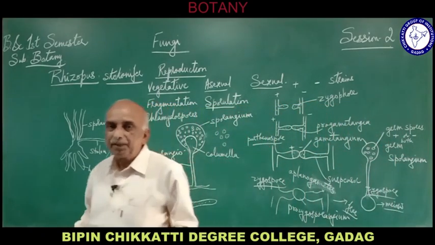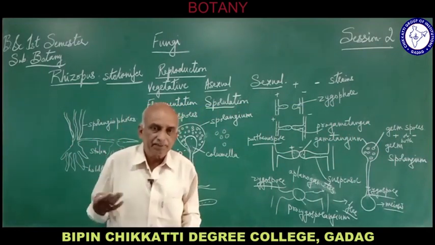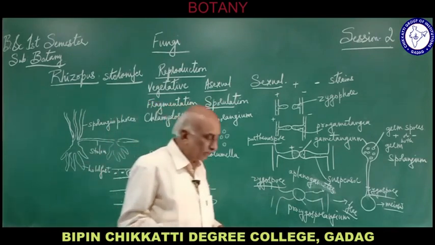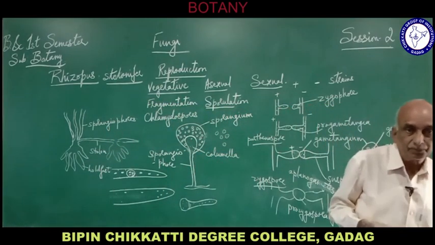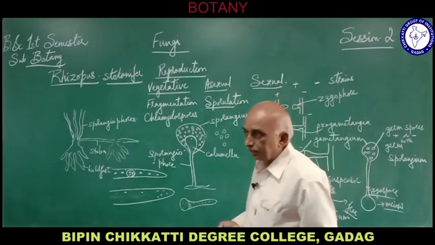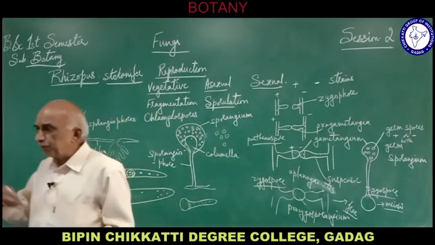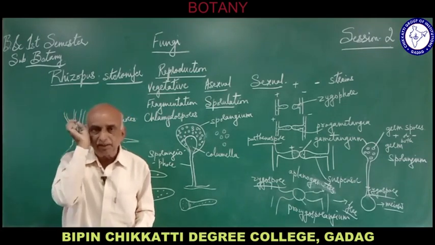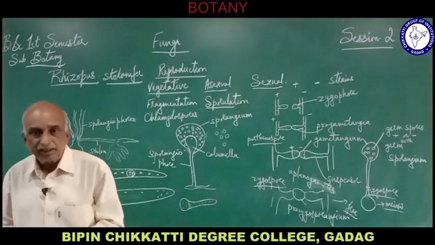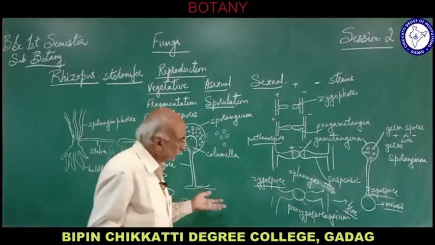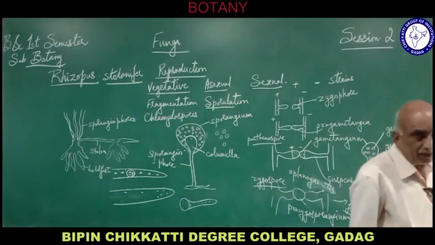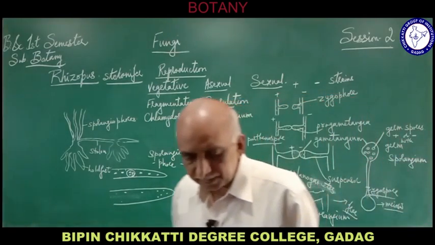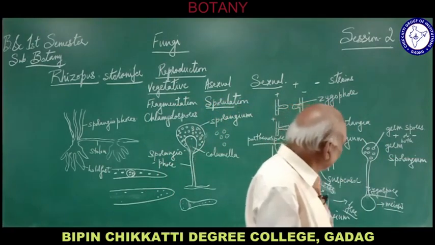So whenever we keep a food, a fruit or vegetable, there we can see the growth of Rhizopus. There we can see the growth of the cottony mass of the hyphae or the mycelium, and this is because the spores which are released in different directions, when they come in contact with a suitable medium, germinate and give rise to a new kind of hyphae or the mycelium, and that is how the reproduction takes place in this Rhizopus.